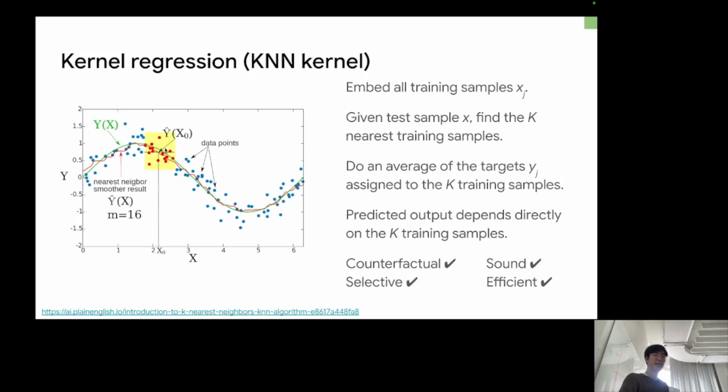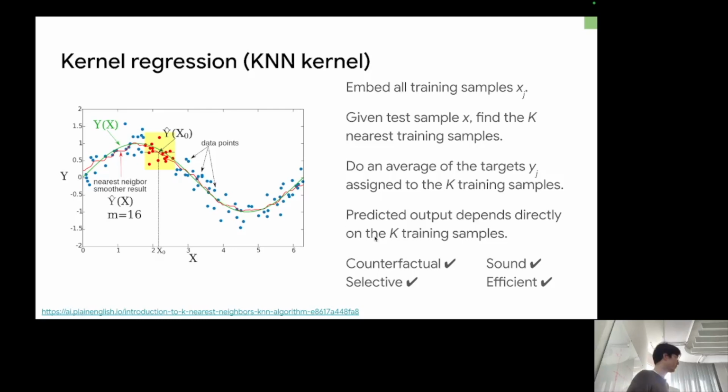The red line here is the kernel estimation of the function. If you're asking me what's the predicted Y value for X node, then what I'm going to do is go to 16 neighboring samples and take the average of these 16 samples. That's going to be my prediction. So that's KNN kernel.